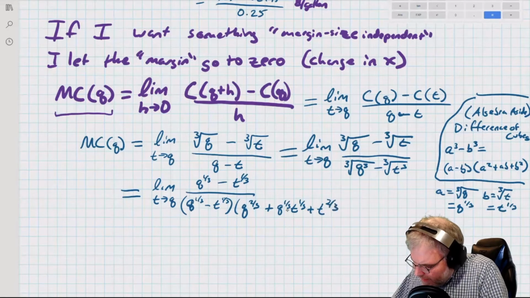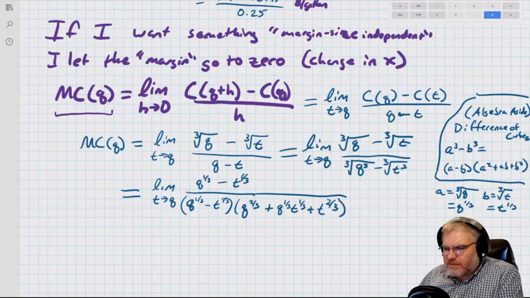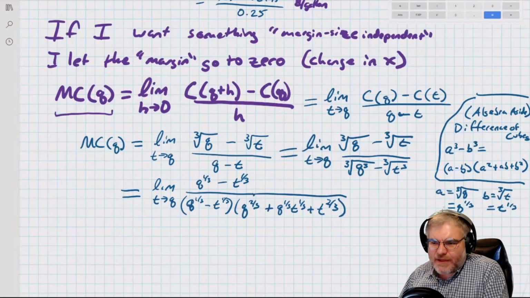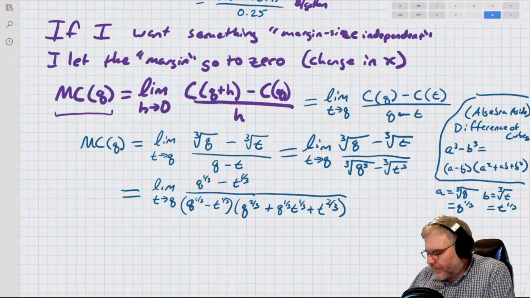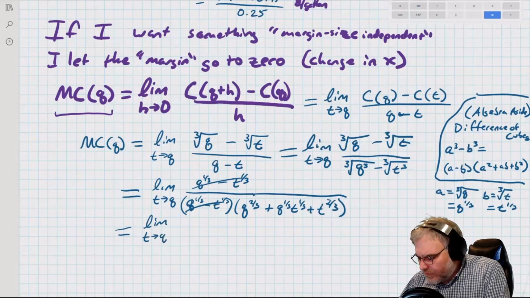Oh my goodness, that is ugly. Yuck. It's not aesthetically pleasing whatsoever, is it? But these two terms cancel. Now, something kind of interesting happens here. Now I've got the limit as t goes to q of 1 over this ugly expression.